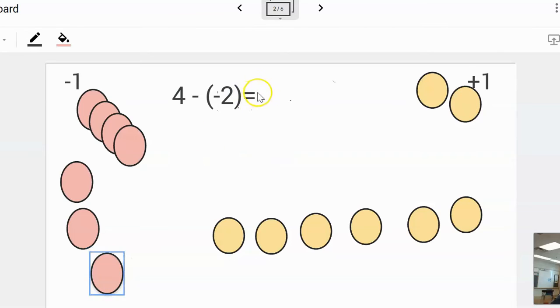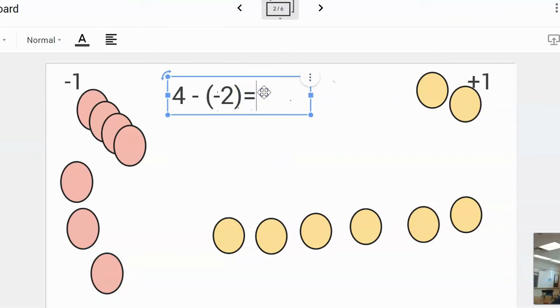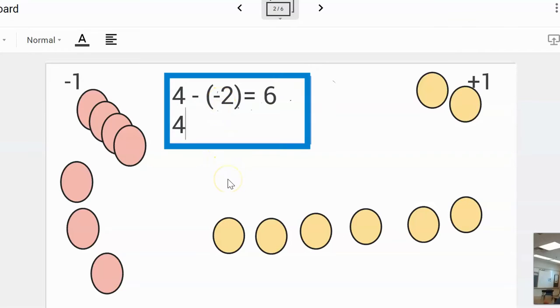So this points out an interesting thing about this particular equation: when you subtract a negative, you in fact add. This could be rewritten as 4 plus 2 equals 6. Strange, no?